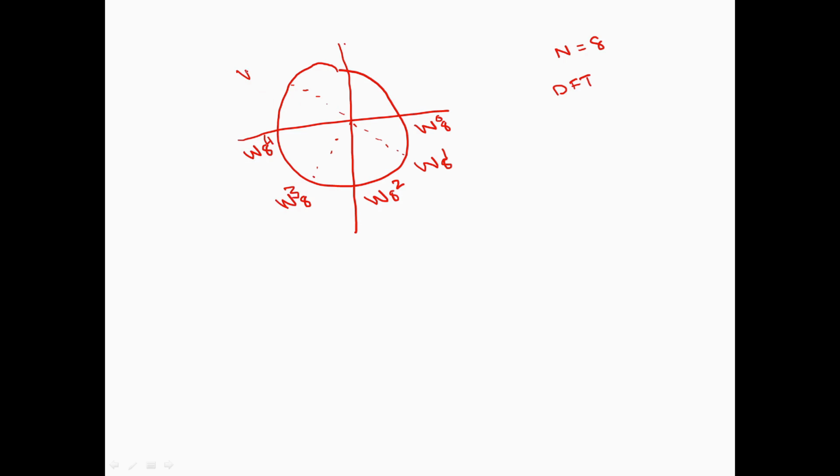This variable would be W85. Now our y-axis would be equal to W86, and the last variable would be equal to W87. Now W88 would be equal to over here, so it would be equal to W80. This was basically the diagram for calculating 8-point DFT.